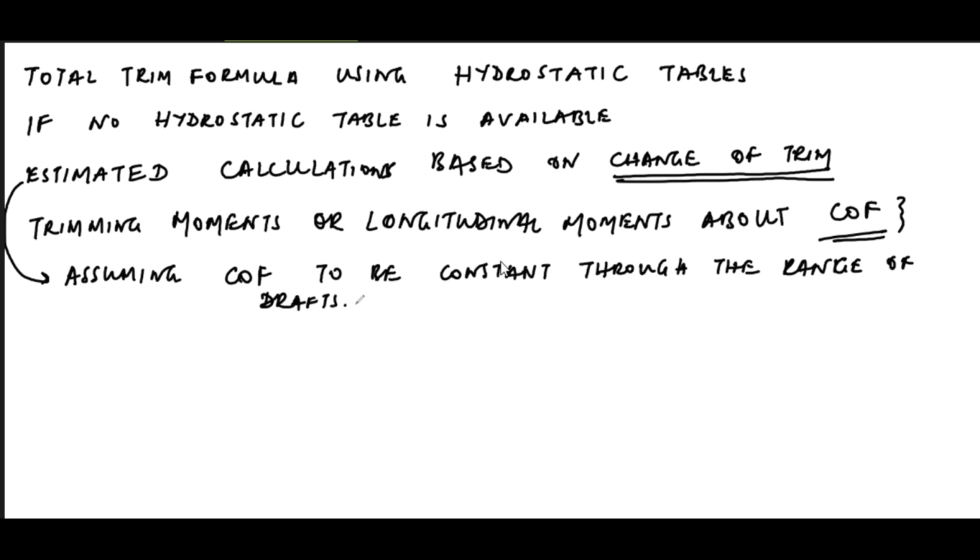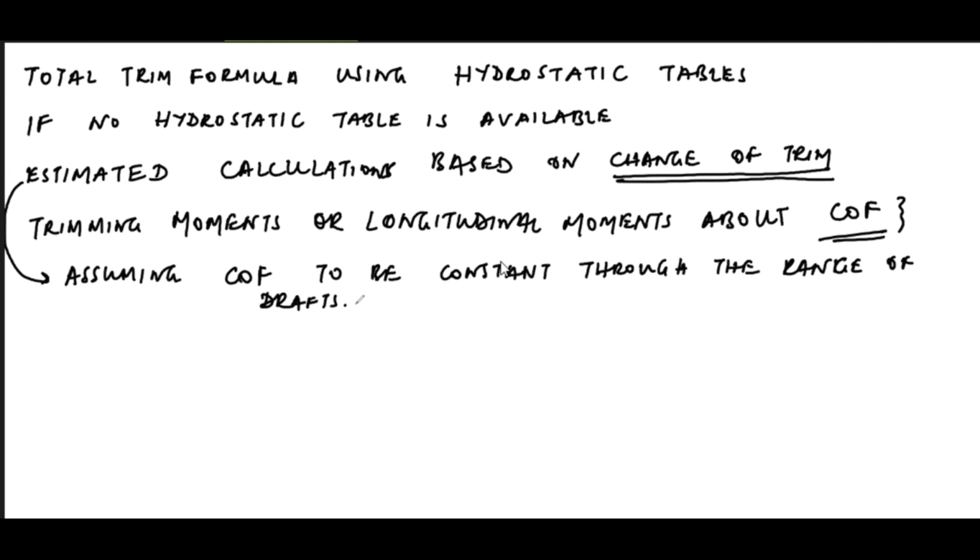And for this reason, the calculation becomes estimated only. It is not accurate. If you do the accurate calculations using the total trim formula, we will get the best results. Why? Because we are calculating each and every parameter for that particular given draft.